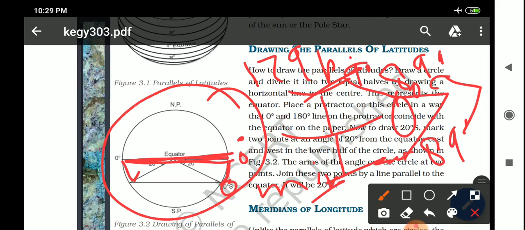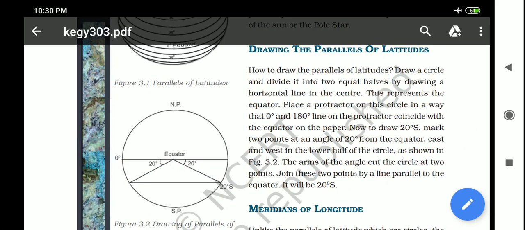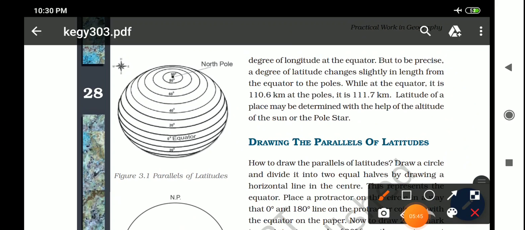The equator is the greatest circle. How? Here we have the equator. This one is the greatest circle in latitudes, because it is the only circle that divides the earth into the northern hemisphere and the southern hemisphere. If I say a perfect sphere, it means the length of 1 degree would be 111 kilometer.